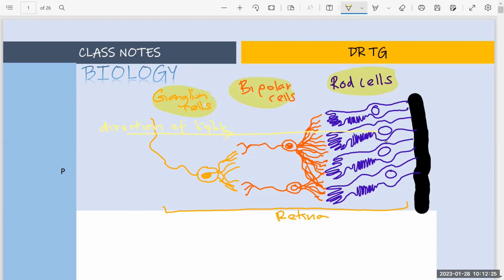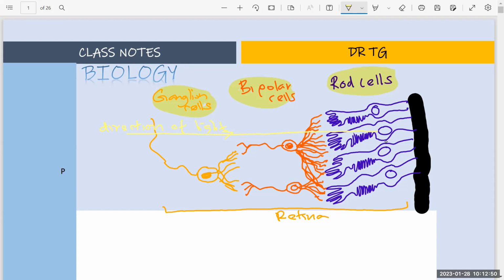So when light energy falls onto the rod cell, it can convert light energy into an electrical impulse.